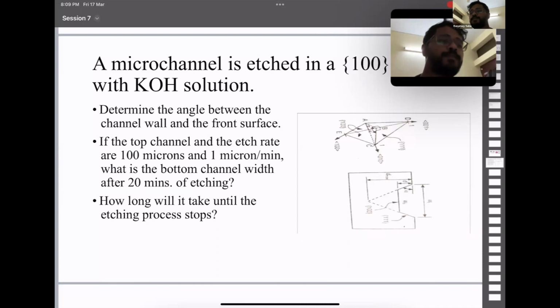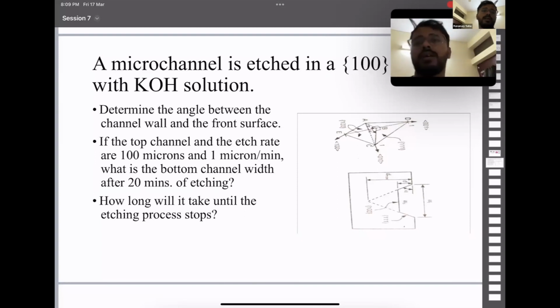Suppose your AB is root 2 by 2, and then you have to find the angle alpha.